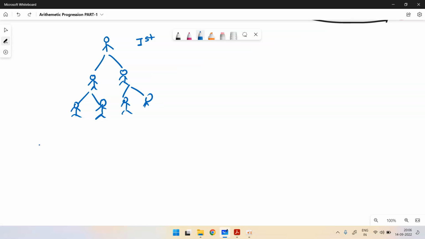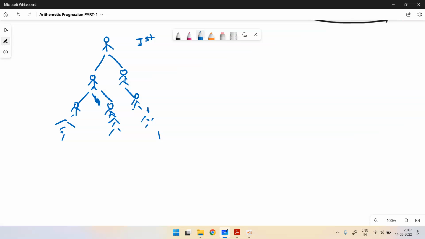In the third generation, each of these has 3 babies, and in the fourth generation 4 babies, and so on.